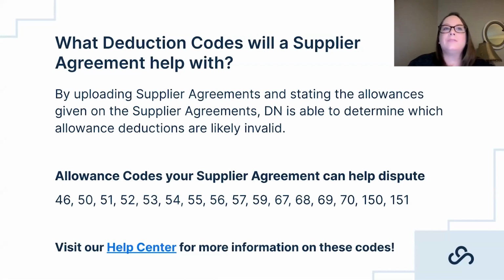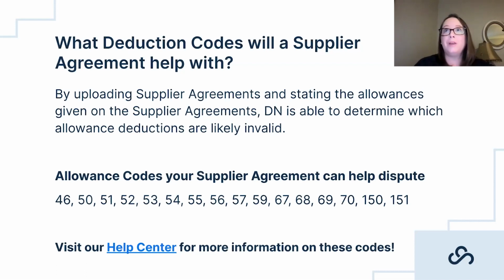So the point of this feature is to help you identify the invalid allowances and then dispute the ones that are incorrect or excessive. You may have fewer invalid allowance deductions because Walmart does automate that system based upon your supplier agreement. So there's a lot less human error involved in allowances.